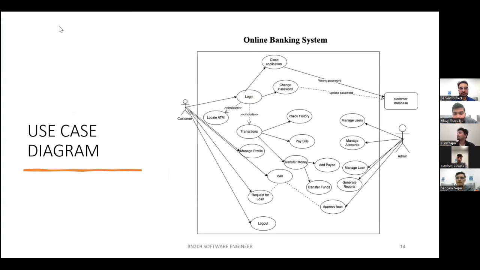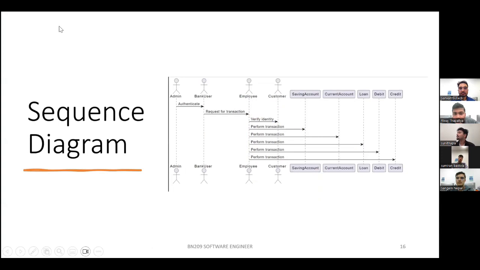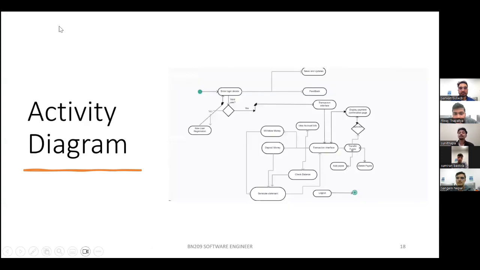Let's move on to the activity diagram for the online banking system. In this diagram, the online banking system's activity diagram shows a number of crucial interactions and operations. Users must first input their login information in order to access existing accounts, or if they are brand new to the system, continue with new user registration.